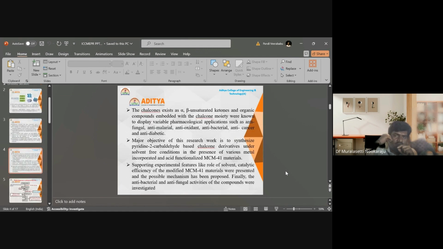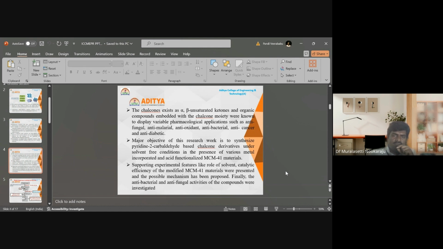So the chalcones, which are well known as alpha-beta unsaturated ketones, have very important pharmacological applications such as antifungal, antimalarial, antioxidant, and anti-cancer activities.